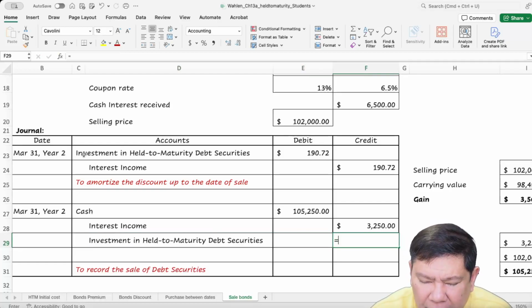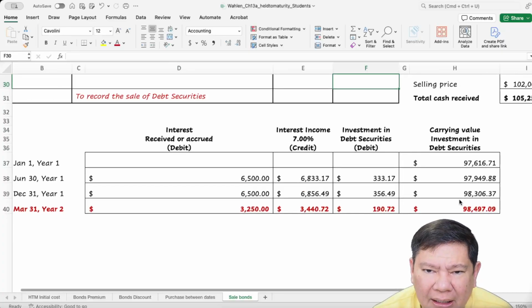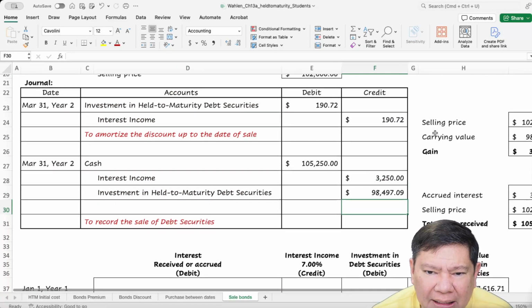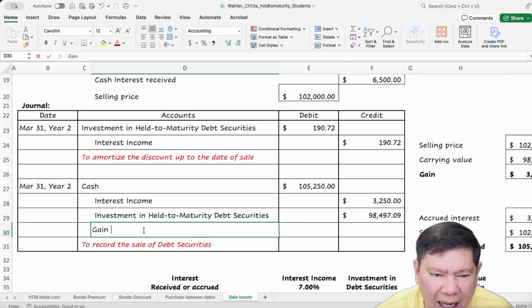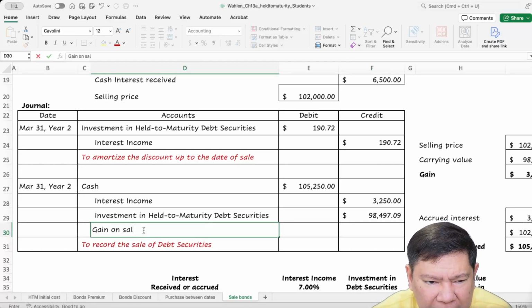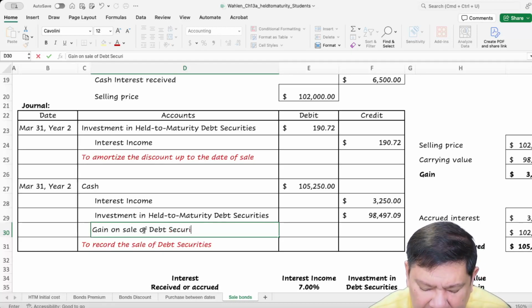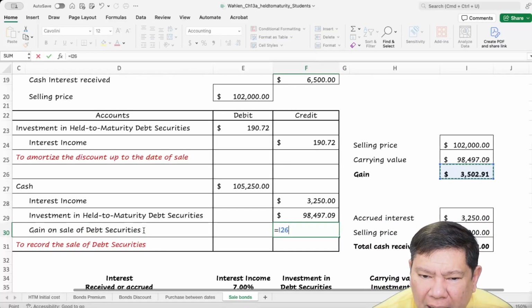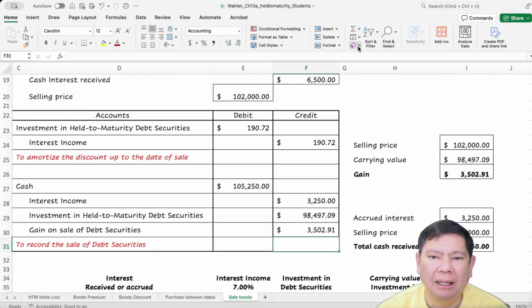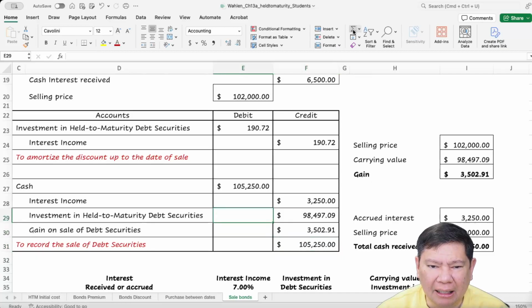So that's gone based on the last carrying value here, 98,497.09. And then finally, we have to recognize our gain. Let's call it gain on sale of debt securities, 3,502.91. Let me make sure the right-hand side and the left-hand side are equal. Okay, they are, so we're good.